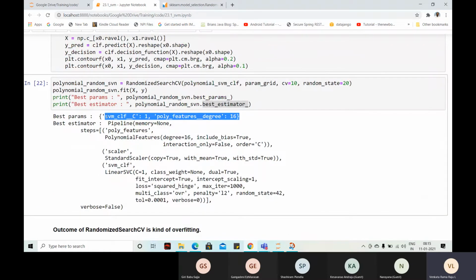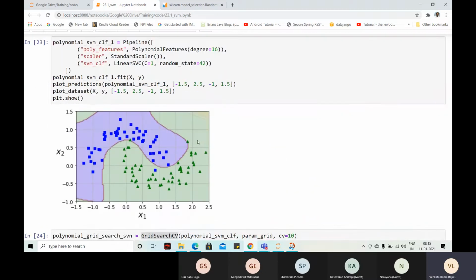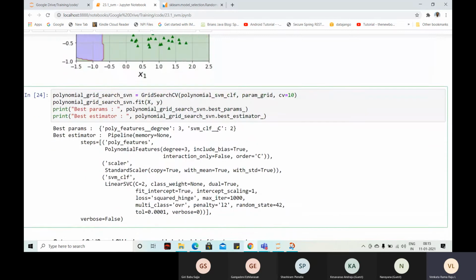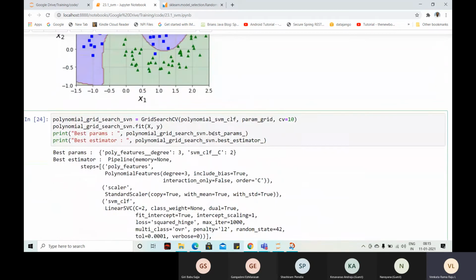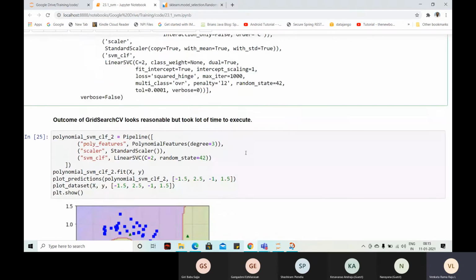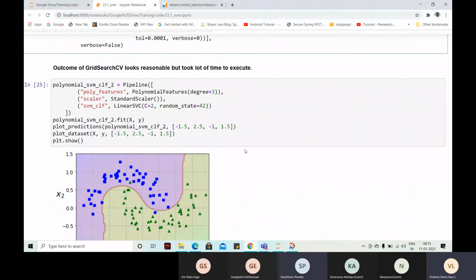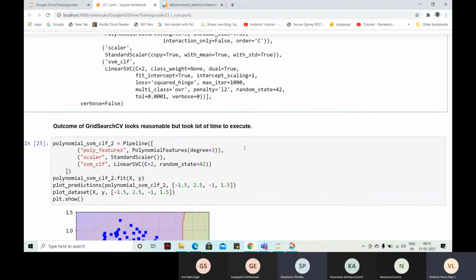There is a lot of difference between the parameters found by randomized and normal grid search. So normal GridSearchCV is better, even if it takes time. If your data is too huge and you don't have that much time, then doing RandomizedSearchCV is good. But the variation is too high.